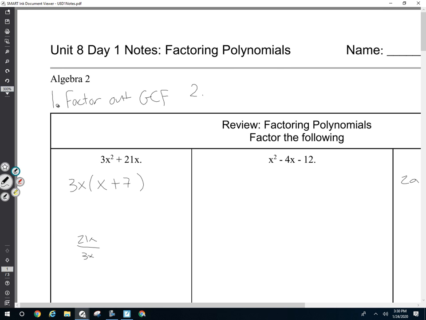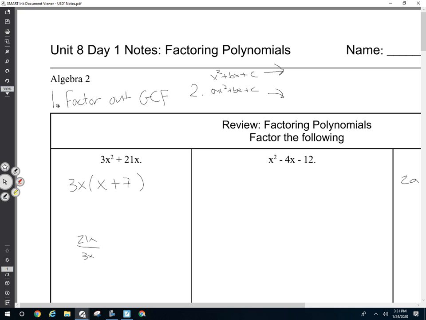Do we have an x squared plus bx plus c or an ax squared plus bx plus c? Well, there are two things that we're going to do. We're going to start with the first, where it's just x squared plus bx plus c. A is 1.